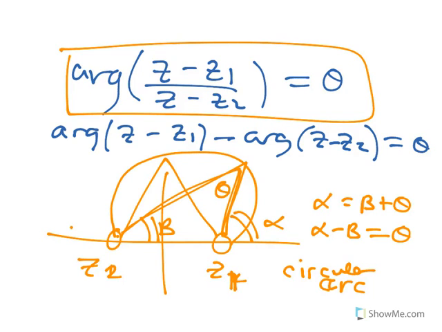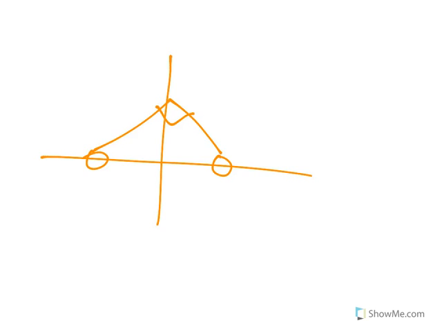Now, if that theta was actually equal to 90, as opposed to just any angle, then it's going to lie on a semicircle. So it's going to be half a circle, because that angle is always going to be 90.